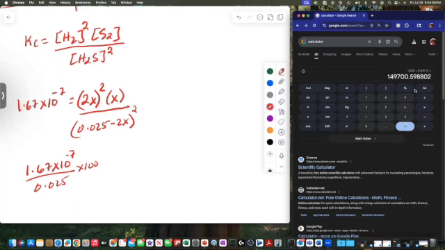Okay. So I did the inverse of what I want, right? So for me to flip this over, I'm going to make it power negative 1. And that will give me the answer in the right format. So this is giving us a very small number, 6.68 times 10 power negative 6. This is definitely less than 5.